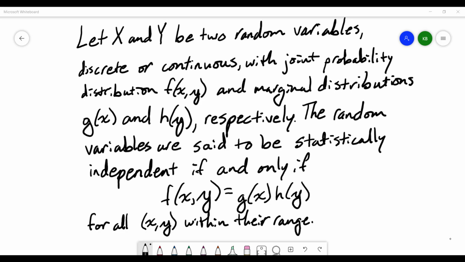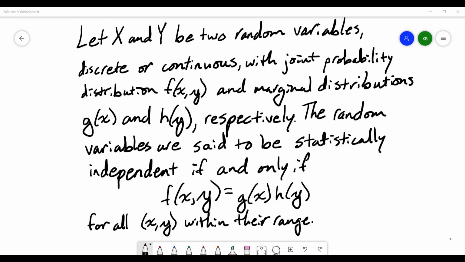So if we have two random variables x and y, and we have their joint probability distribution f of xy, and the marginal distributions g of x and h of y, then we say that they're statistically independent if and only if the value of the joint probability distribution at xy is equal to the product of the marginal distribution of x and the marginal distribution of y for all possible xy values within the range of our two random variables.